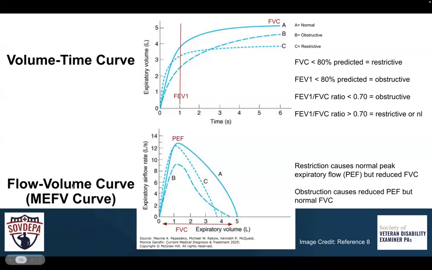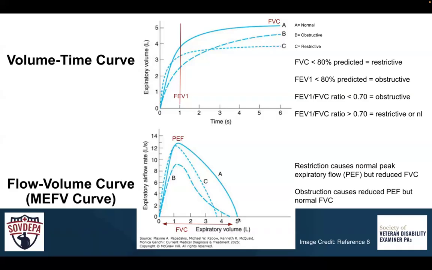When we look at the flow volume curve, the flow rate is reduced, again, when you're exhaling forcefully against obstruction, asthma. The air isn't able to get out, and so it's a reduced peak expiratory flow.